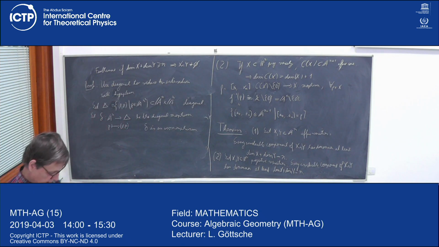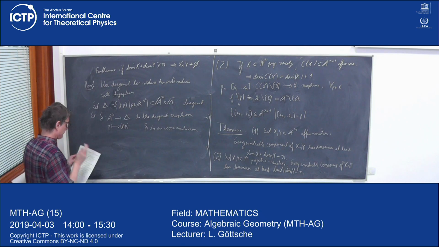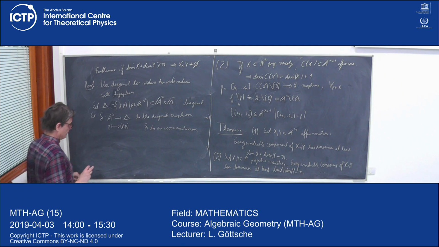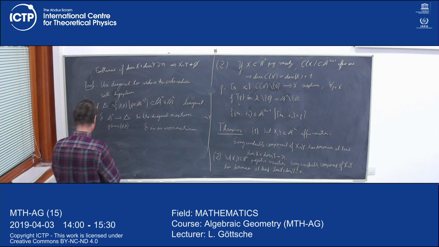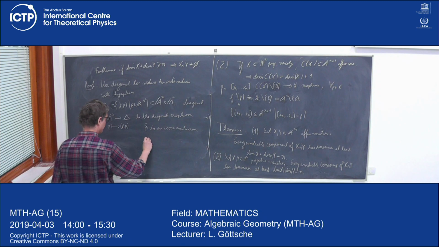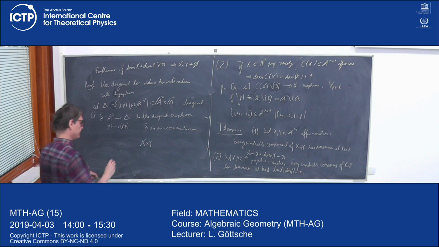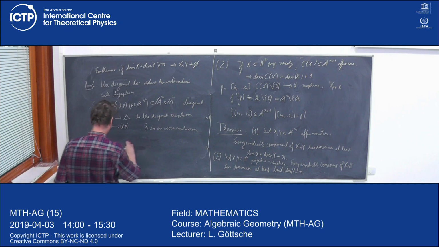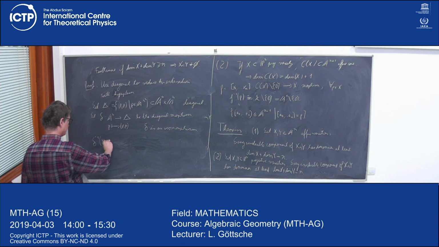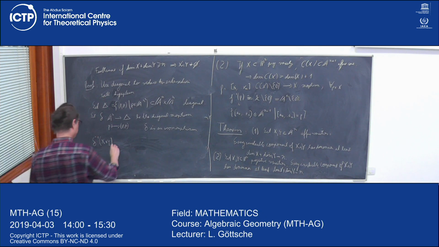And now, how do we use this? If we take X times Y and take its inverse image under delta, where X and Y are our subvarieties, what is it?